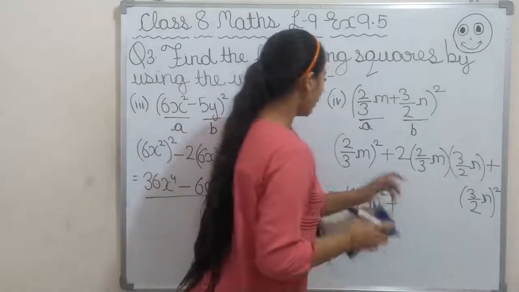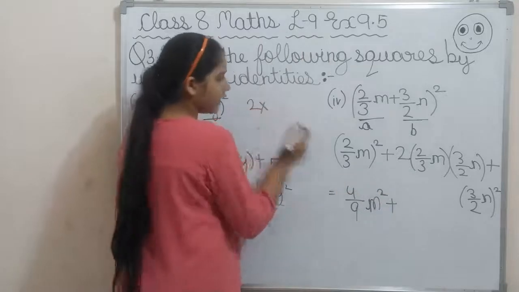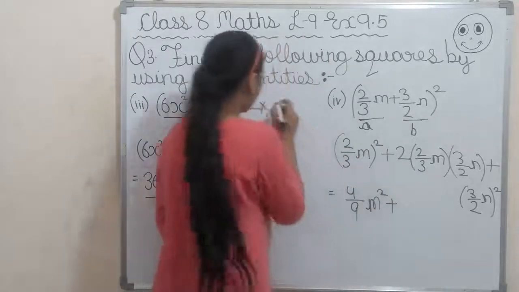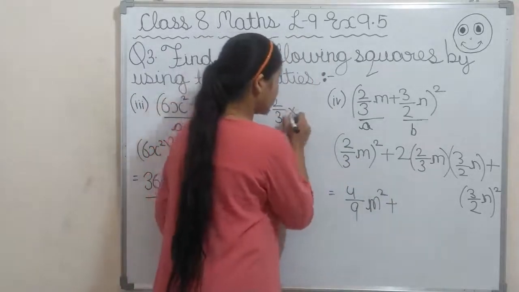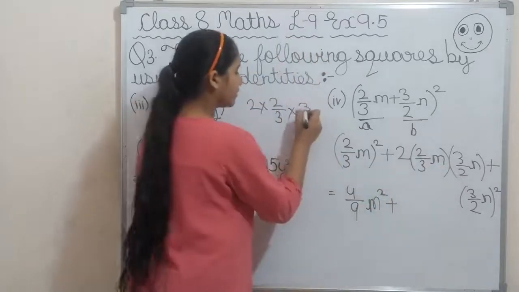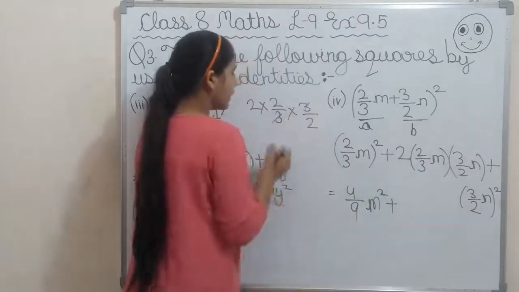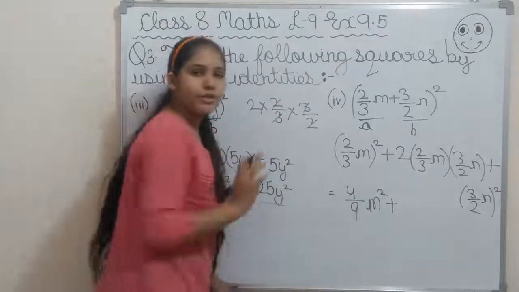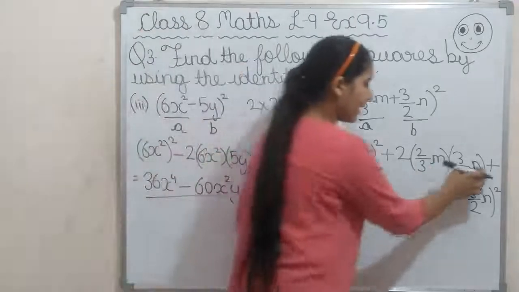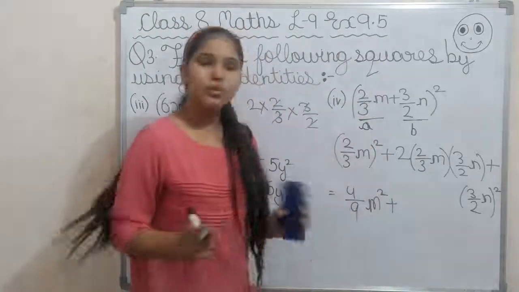Then plus, this we have to do, 2 into, let's take the first constant, 2 by 3 into 3 by 2. 3 by 3 cut, 2 by 2 again cut, only 2 left. So here m and n means 2 into m into n is 2mn.